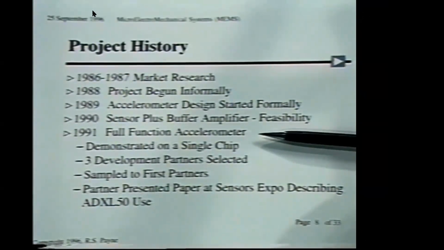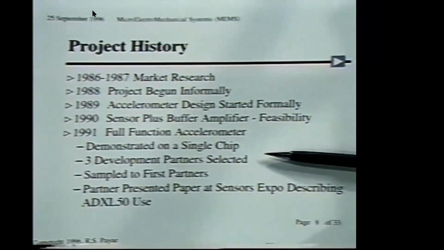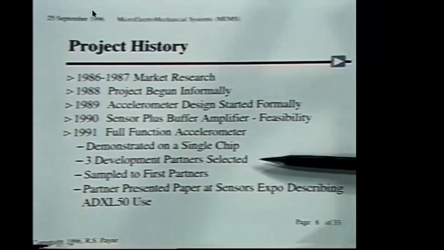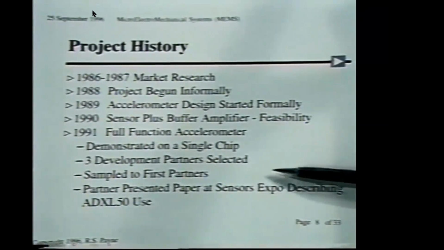By early 1991, a very full function accelerometer, much like the picture I'll show you later, was clearly demonstrated at the chip level. And at that point in time, giving something to sample customers, we developed 3 partners in the program, and we sampled parts to those programs in 91.